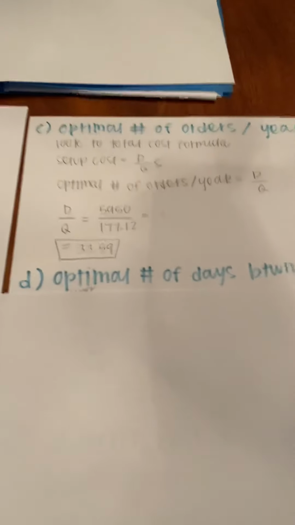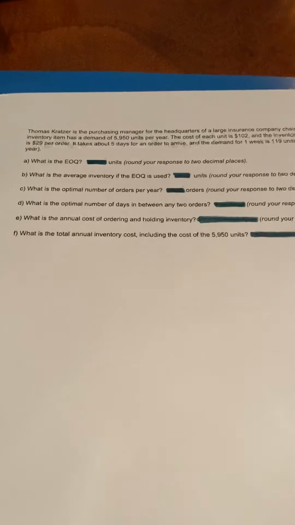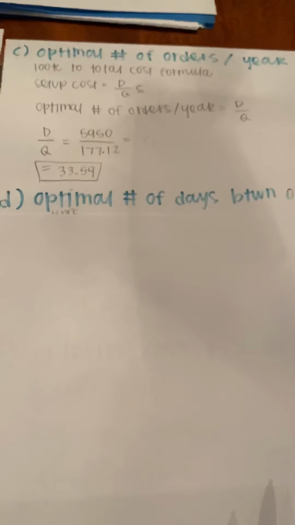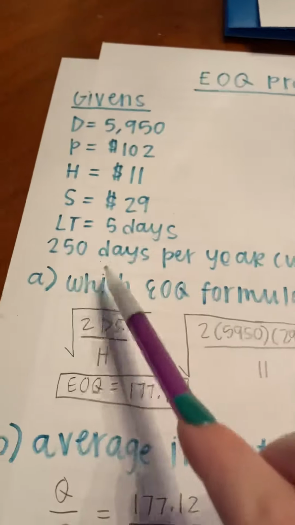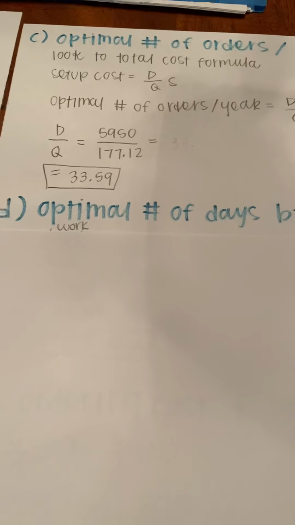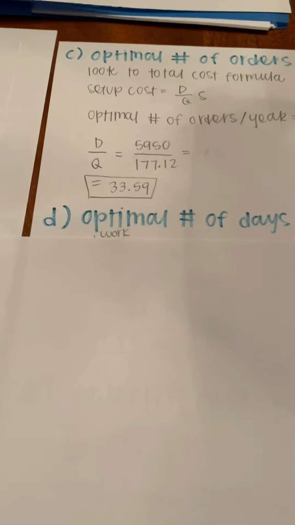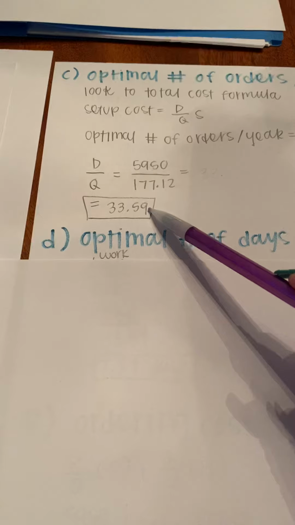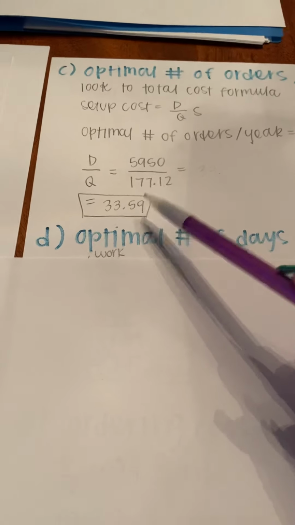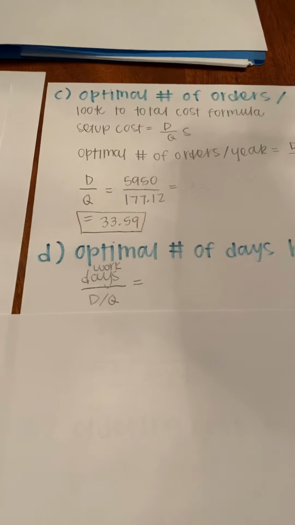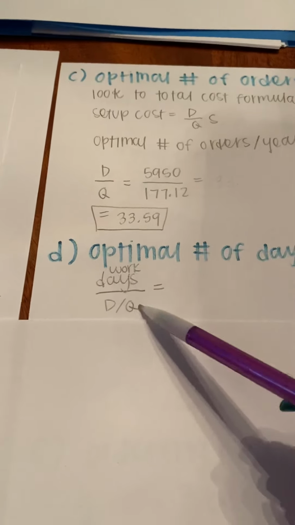And then the next problem asks us to find what is the optimal number of days in between any 2 orders. This is where our working days come into play, the 250 days per year. So we would take our working days divided by the number we found in C, which was the optimal number of orders, 33.59, for the denominator.